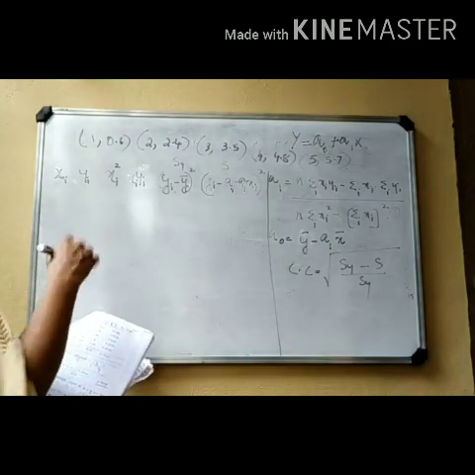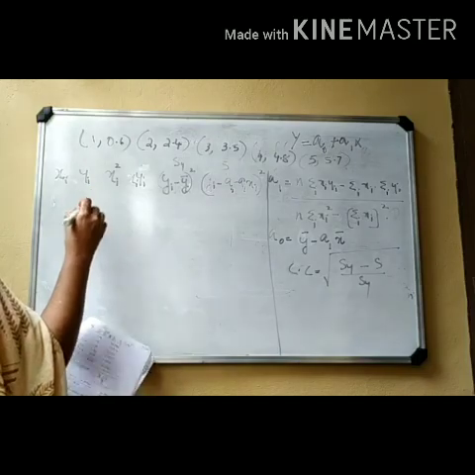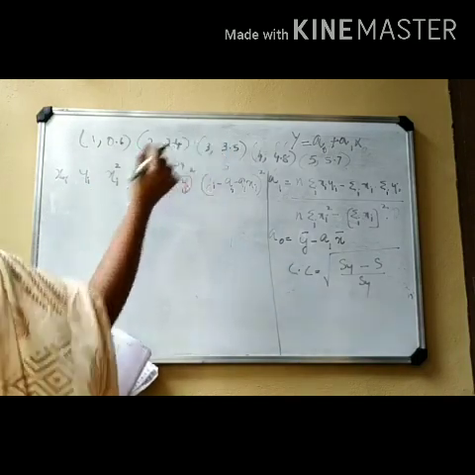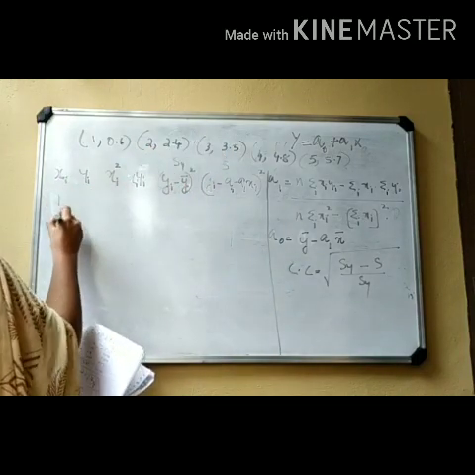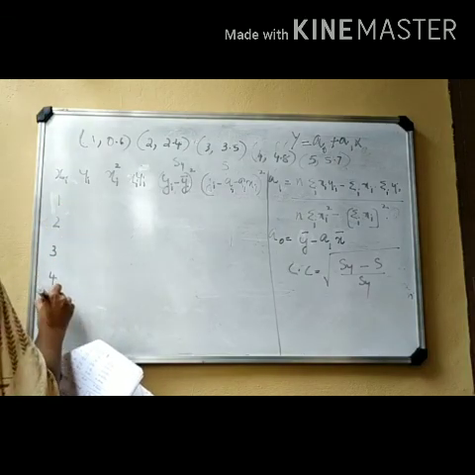So, I will write all the values here. The xi value is 1, 2, 3, 4, 5.